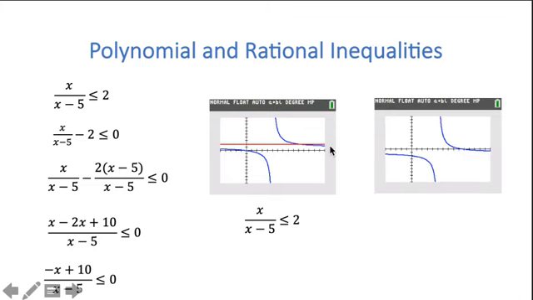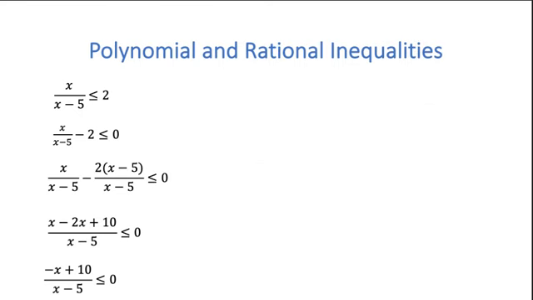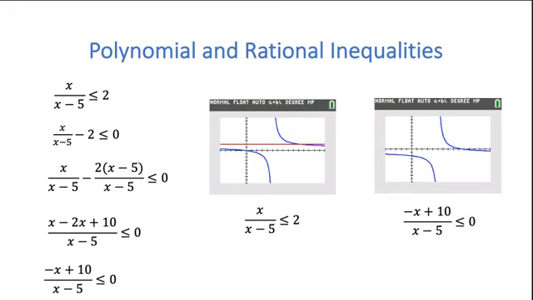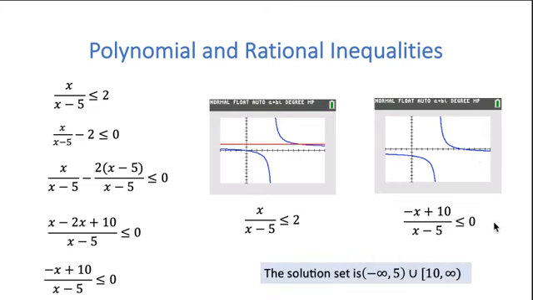Or you can graph this one, negative x plus 10 over x minus 5 is less than or equal to 0, and you can determine when it's going to be below the x-axis. And remember, those answers are from negative infinity to 5 and from 10 to infinity. You can see that on both of these graphs.